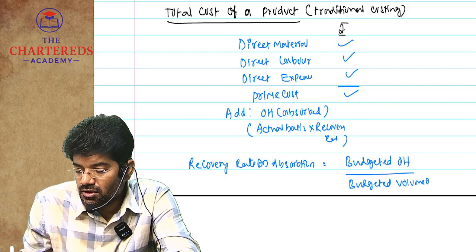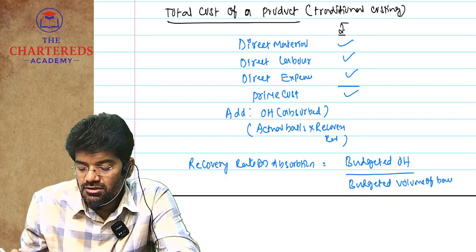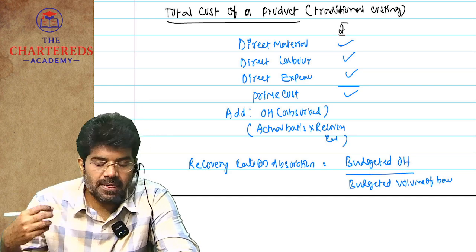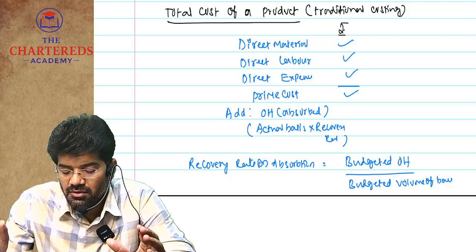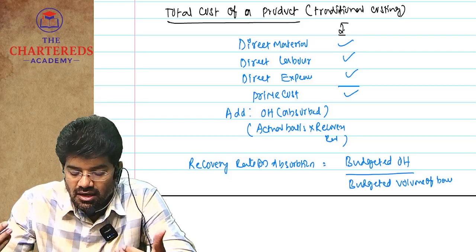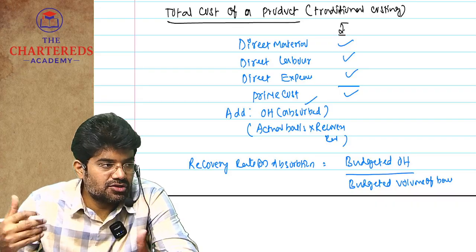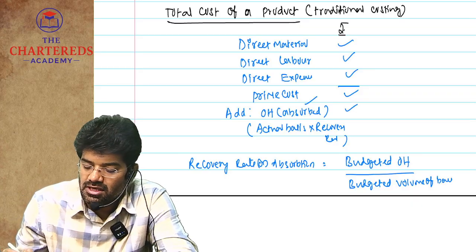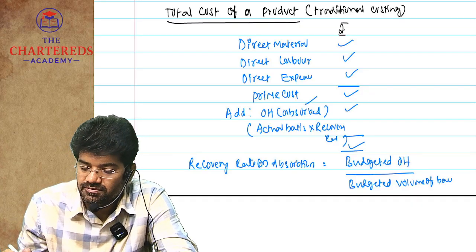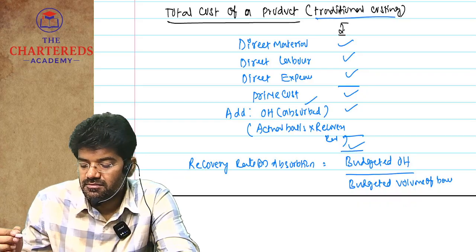So if we take machine hours as the base, then we take budgeted machine hours, and then per machine hour we get the overheads. Then how do you absorb the overheads? Actual machine hours consumed into recovery rate. So this is how we used to get the cost traditionally.